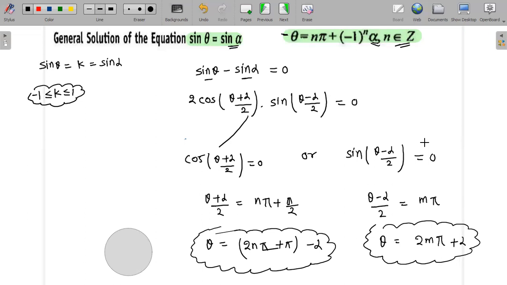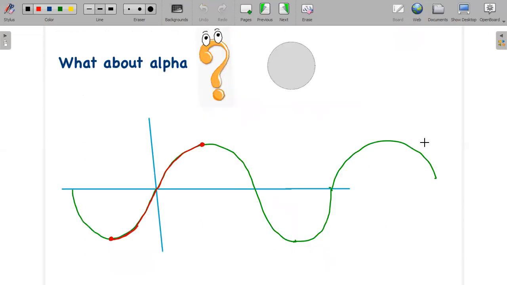Because alpha can be any value. Now if you want to be very specific about the values of alpha, just have a look at the graph of sine. In that graph, I'm picking this branch from negative pi by 2 up to positive pi by 2. In that specific range, your sine function is one-one as well as onto, and the function is increasing.